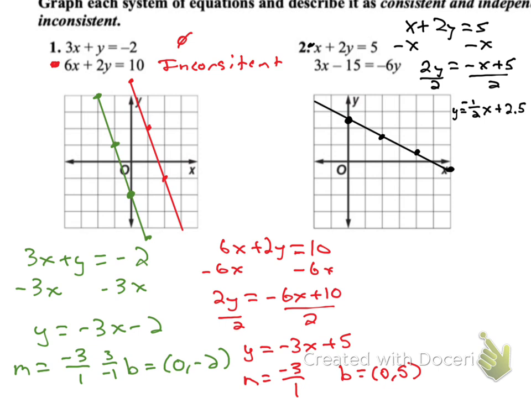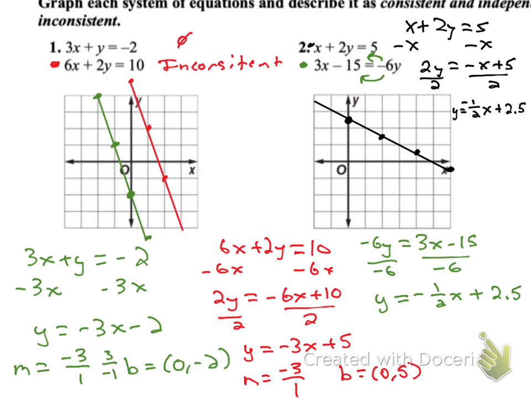For my next line, because of the reflexive property, we can flip it, which makes it a little easier: -6y equals 3x minus 15. Divide by -6, which gives y equals -1/2 x plus 2.5.